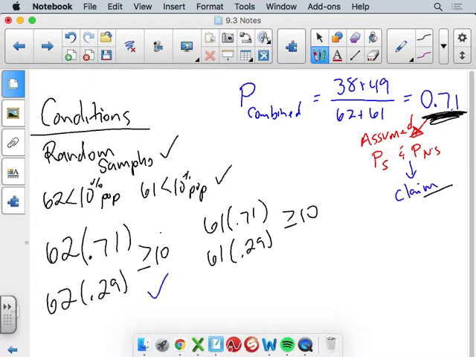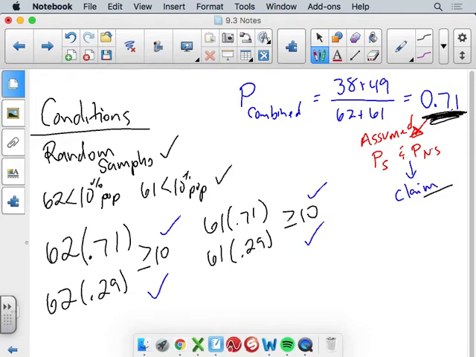Those are checks. So we're good, and I can do a normal distribution, mean, standard deviation, all that. The conditions don't need to be anything huge, just a nice little minute you take to write them down.